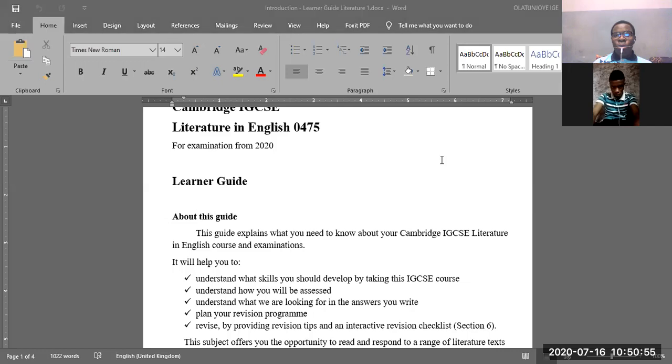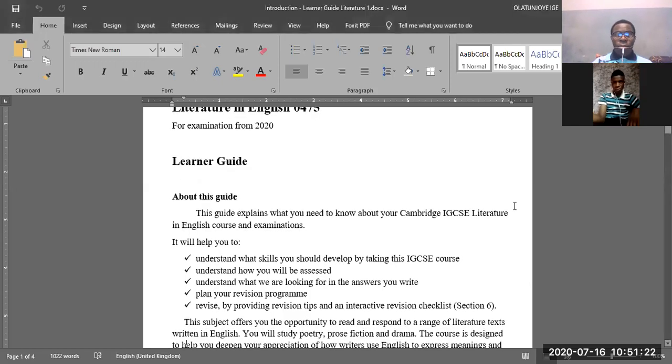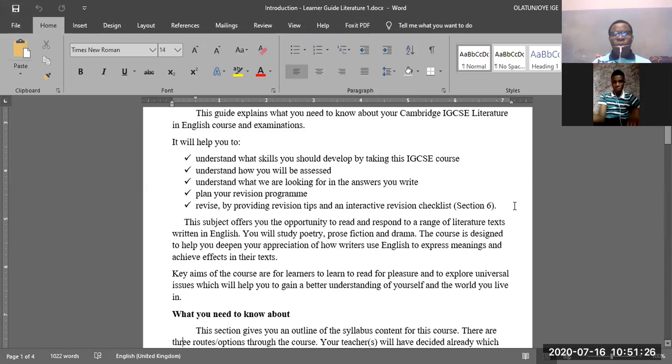So if you look at our screen now, what are we expected to do? This guide explains what you need to know about your Cambridge IGCSE Literature in English course and examination. This guide will help you understand what skills you should develop by taking this exam course, understand how you will be assessed, understand what we are looking for in the answers you write, plan your revision program, and revise by providing revision tips and an interactive revision checklist.